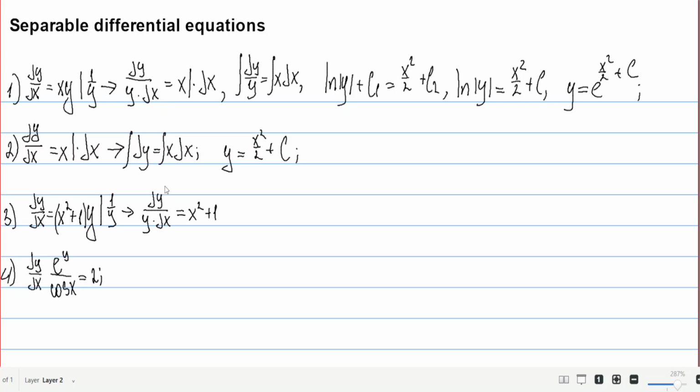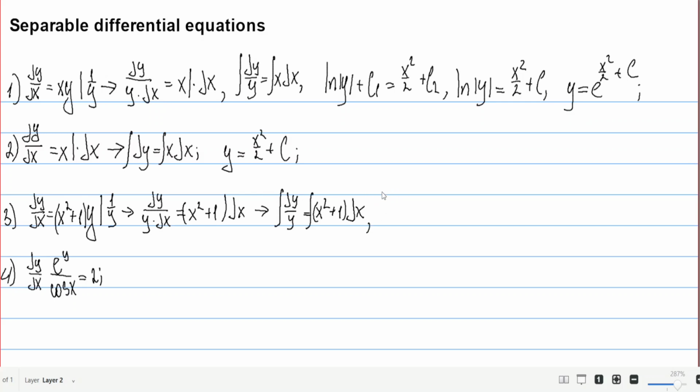The same thing, we need to get rid of this dx and place it here. So let's multiply both sides by dx. And we'll have dy over y is equal to x squared plus 1 times dx. Again, we see that we have all our y's on the left hand side and all our x's on the right hand side. So at this point we can integrate.